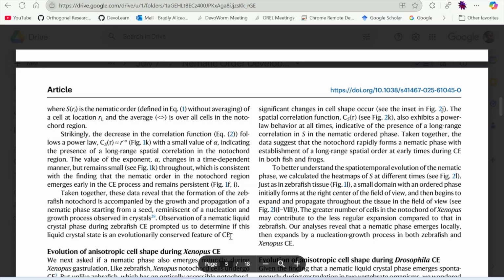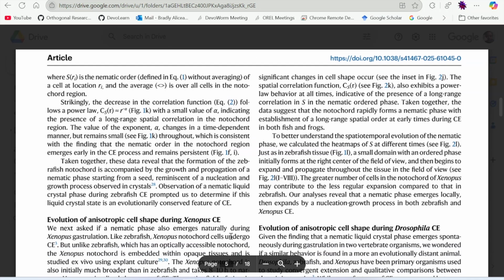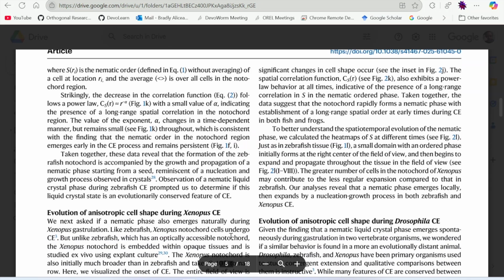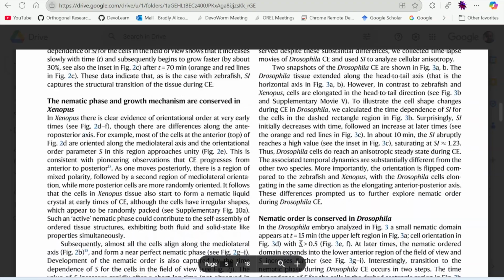And when they say evolutionarily conserved, it's probably more of a physical parameter that governs a lot of embryonic systems. I think that's a good way to put this, because common processes are happening across different model systems. There's a lot more in this paper.